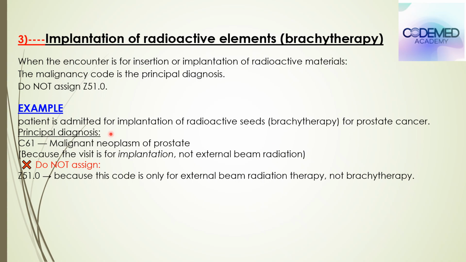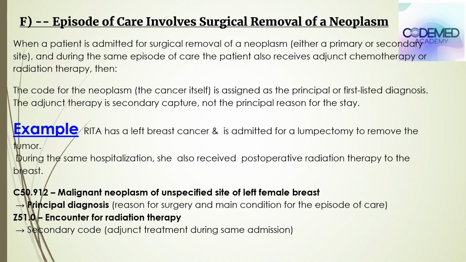In that case, the principal diagnosis will be the malignant neoplasm of the prostate, because the visit is for the implantation, not the radiation, and we will not assign the code Z51.0 because it is for external beam radiation therapy. It is the code for the therapy, and here we are just putting the radioactive seeds inside.